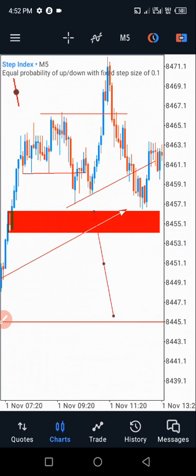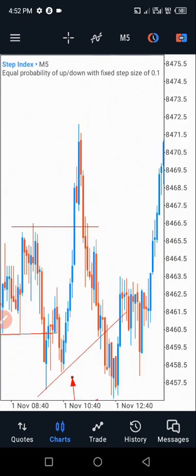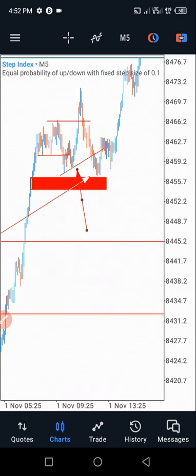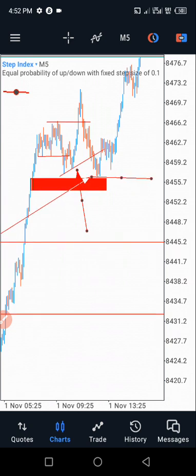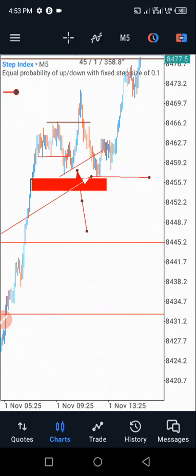Okay, so this is like an inducement for price. This was like an inducement because price never came back, all right, to tap into this order block level. So this was an inducement.